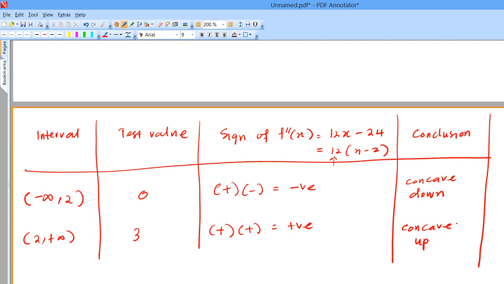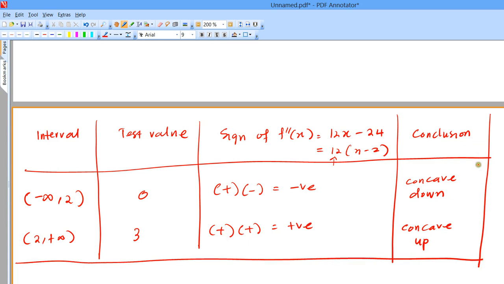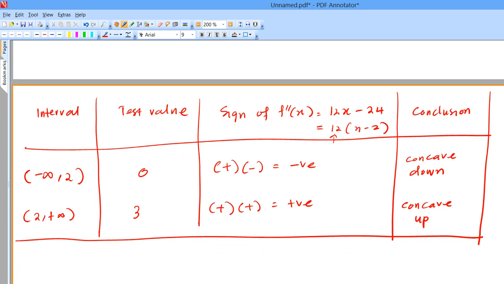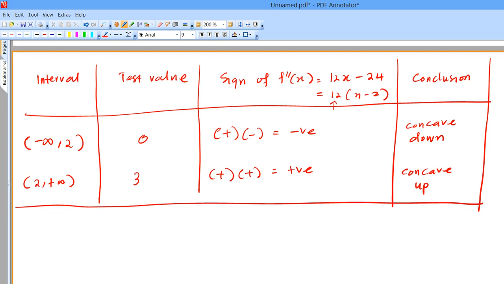So you need to remember, okay, if f double prime is negative it means concave down, and if f double prime x sign is positive it means concave up. Okay, you can make the conclusion based on this table, or you can write down the conclusion.